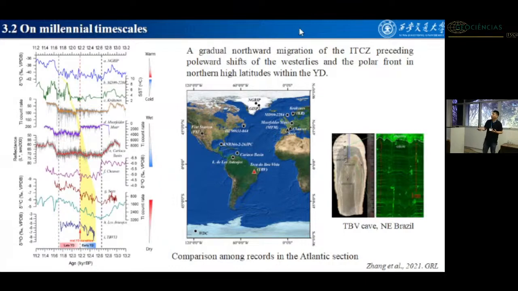We can see from south to north, the northward migration of the ITCZ is preceding the poleward shift of the westerlies and also the polar front in northern high latitudes within the Younger Dryas period. NGRIP warming is at the end, at the last.